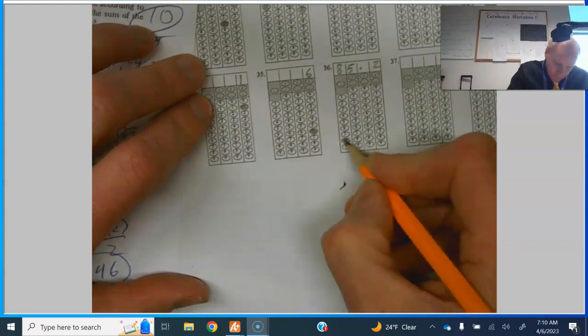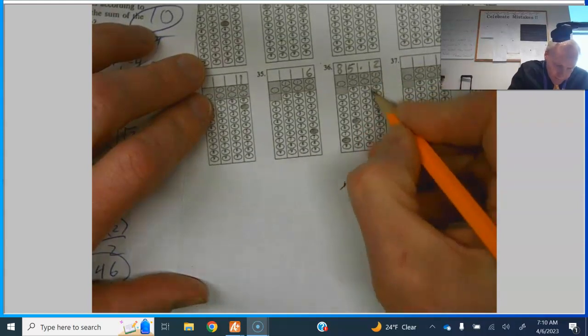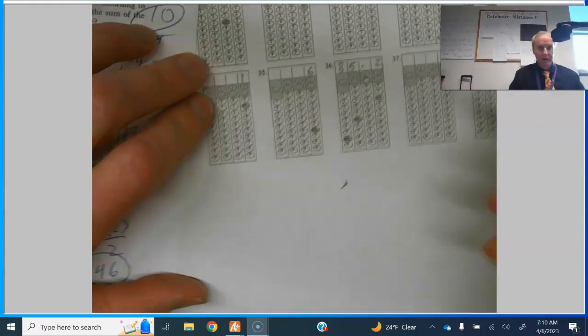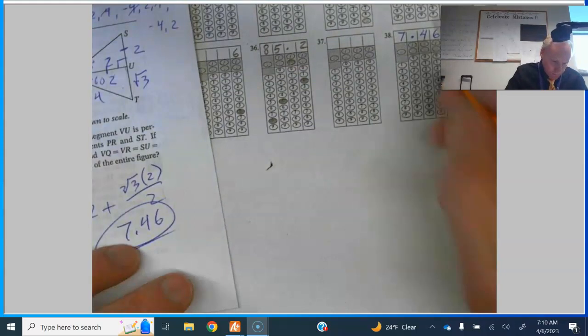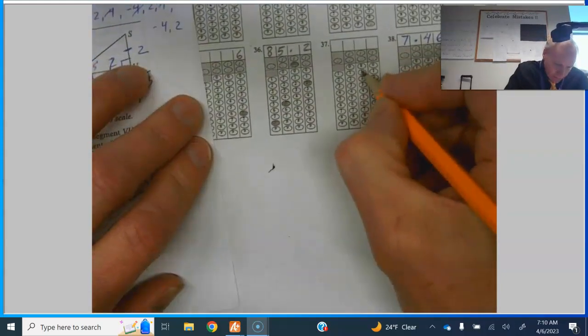And I'm filling them in as I go. 85. I certainly hope that's a point. 2. There we go. 85.2. Number 38. Wait. Where's my 37? Oh, it's 10. 10.